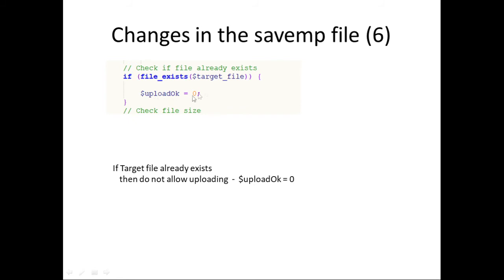Or if you want, later on you can experiment on this, so that if the file is already existing, you just make some changes to the file name. Let's say by adding a sequence number, so that you can still upload the file with almost the same file name. But in our program, if the target file already exists, then we don't allow uploading. That's why upload okay is equal to 0.